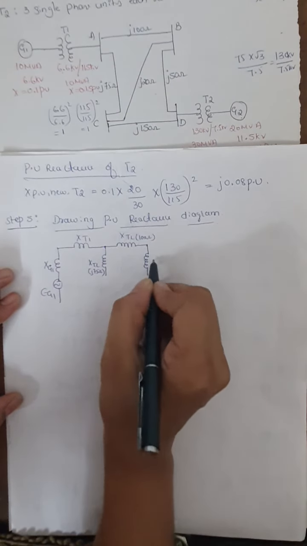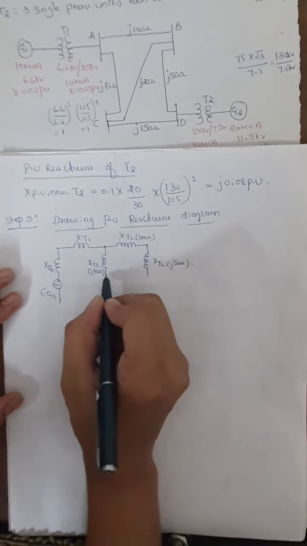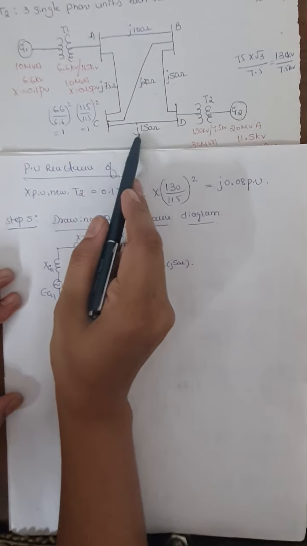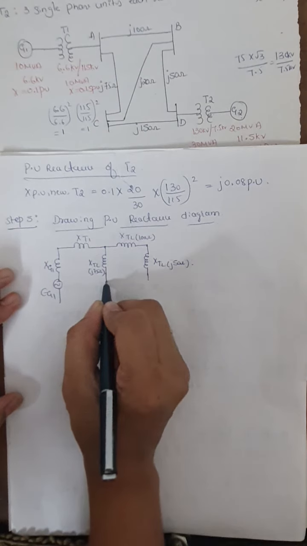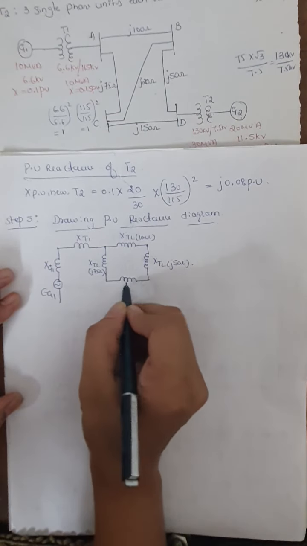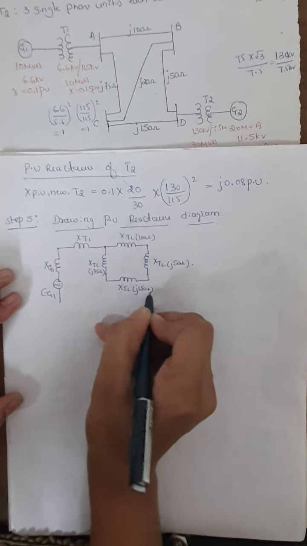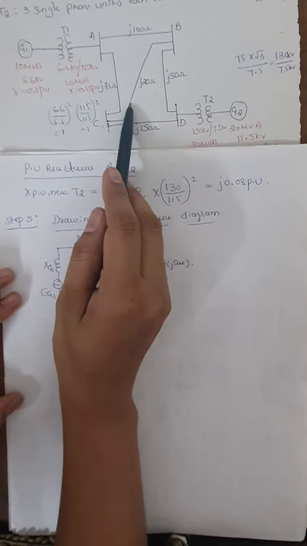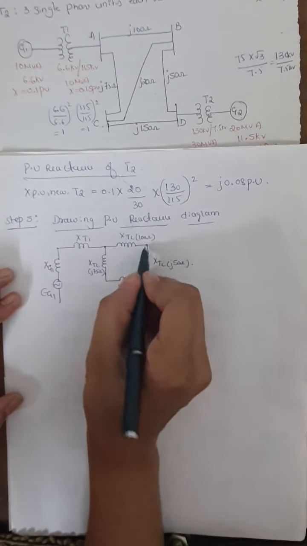So this is the reactance for the J50 ohm transmission line, and after that from bus bar C to bus bar D we have a J150 ohm transmission line. So that we will represent here. This is the reactance for the transmission line J150 ohm, and in between the bus bar B and bus bar C one more transmission line is running, that is J20 ohm, that I'll write here in between.